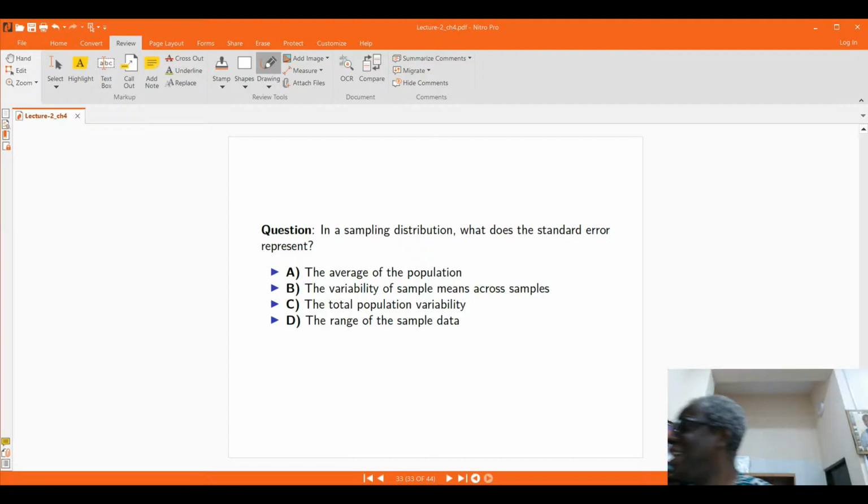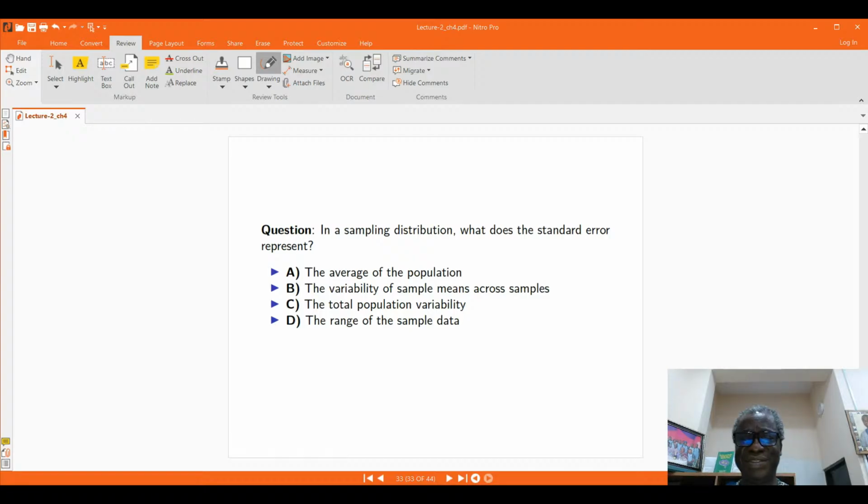C, the total population variability. D, the range of the sample data.